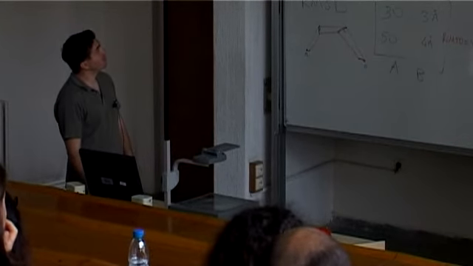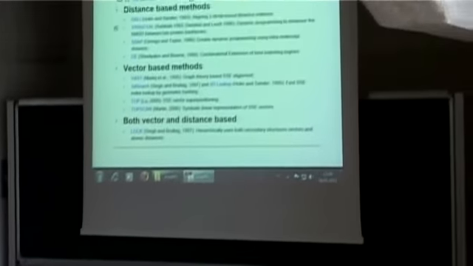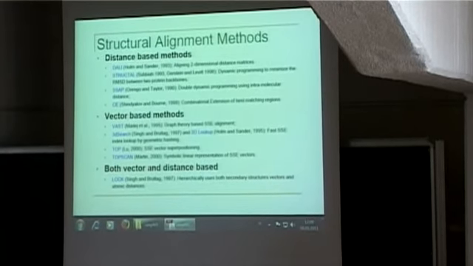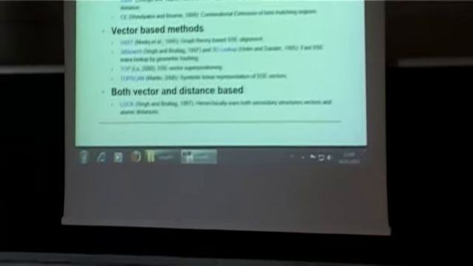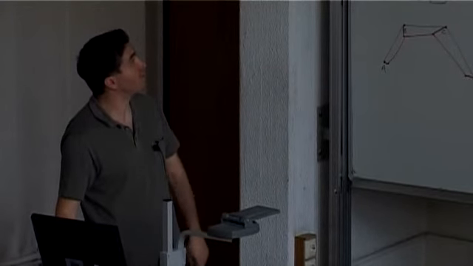But there are different methods, as you can see. These are classified based on whether they're distance-based. Distance-based methods use the interatomic distances or inter-amino acid distances within a protein.